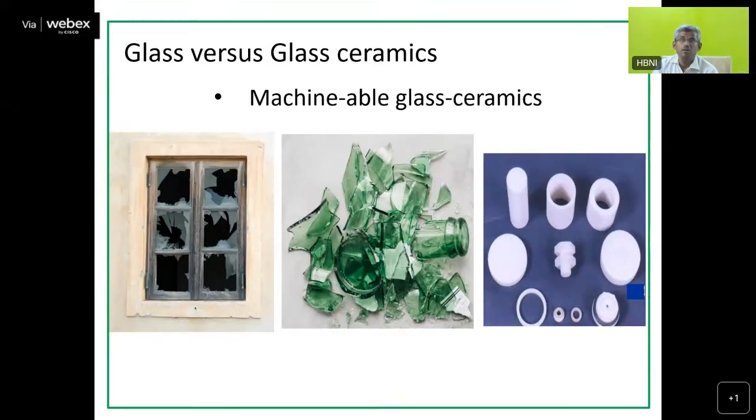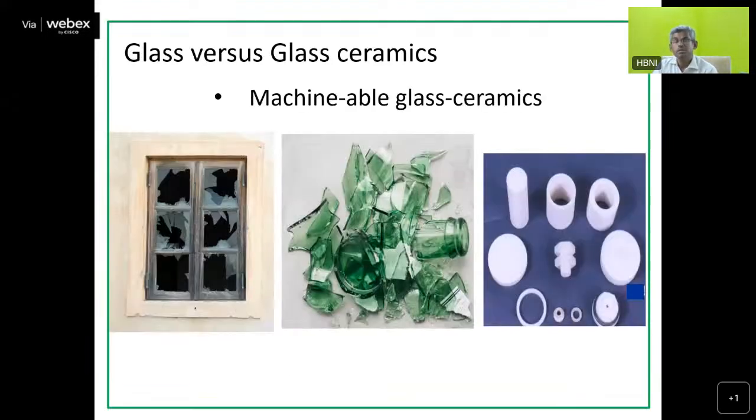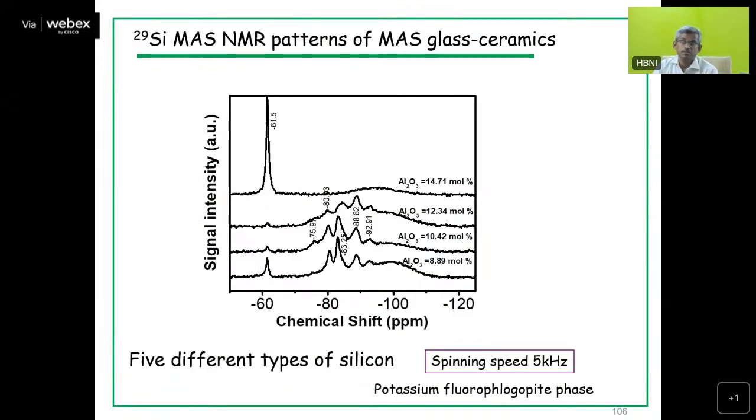So a lot of people work on this type of thing. From NMR, they get the information regarding the structural unit and percentage of crystalline or ceramic component, and then try to estimate its thermal expansion coefficient or this machinable character by recording NMR. So I am just giving one example of how NMR is helpful in finding the machinability of the glass.